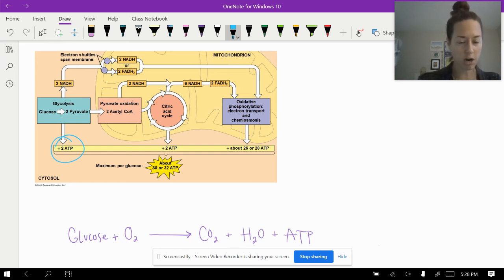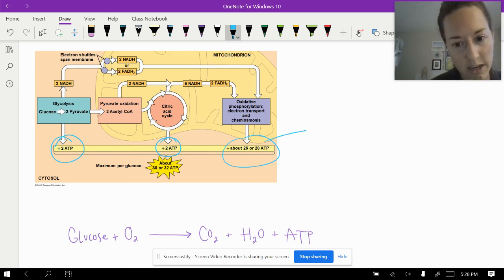We also are going to produce 2 ATP in the Krebs cycle. And then our oxidative phosphorylation experience, like I said, it's way more efficient. It's going to produce about 26 to 28 ATP. And I'll just say that the efficiency of this varies.